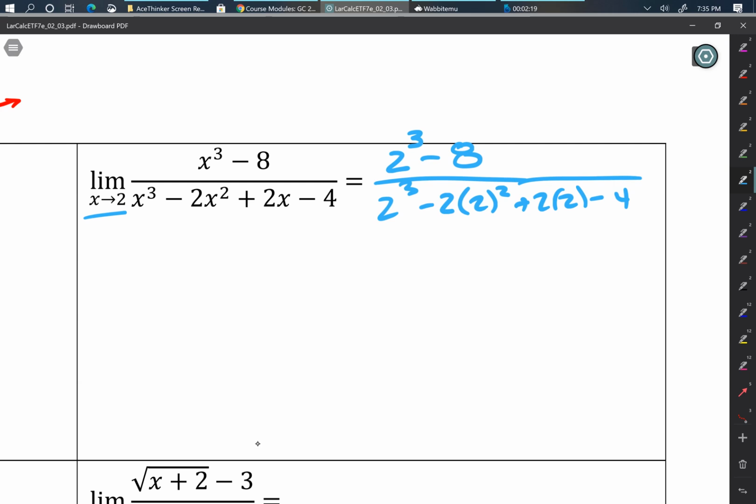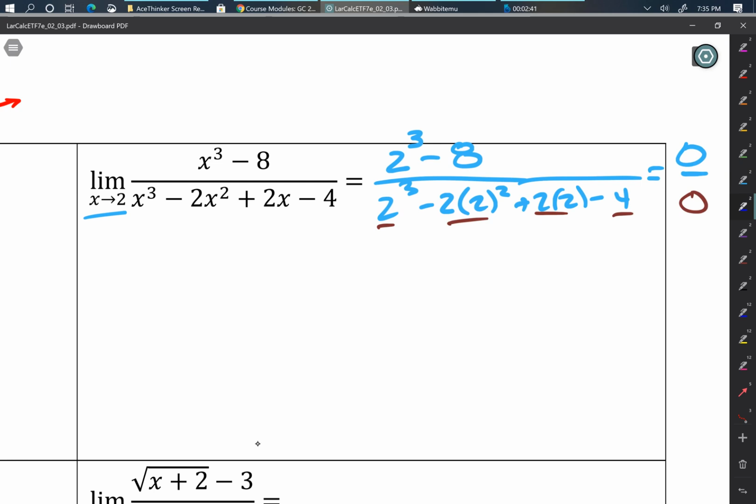In the numerator, we have 8 minus 8, that's 0. In the denominator, that's 8, that's 8, that's 0, that's 4, that's 4, that's 0, 0 plus 0, 0. We have 0 divided by 0. 0 divided by 0 is the good kind of bad. It's bad because we can't just use direct substitution, but it's good because then we should be able to use some sort of algebraic technique.